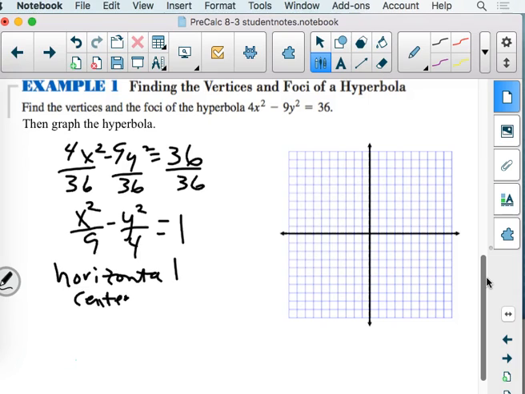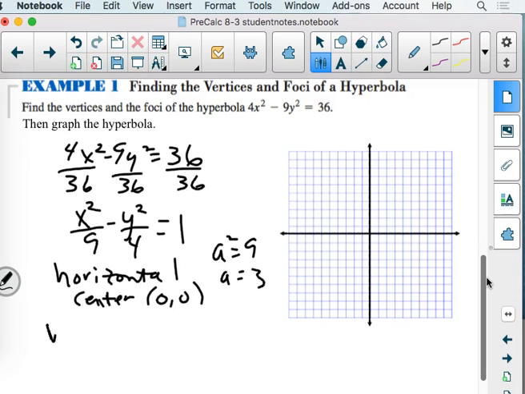I didn't see any H and K business going on up there connected to my x's and my y's. So if it's horizontal, I need to know what A is so I can figure out where the vertices are. What's A? It is 3. There's our A squared. And since it's horizontal, I'm going to need to go left 3 and right 3.